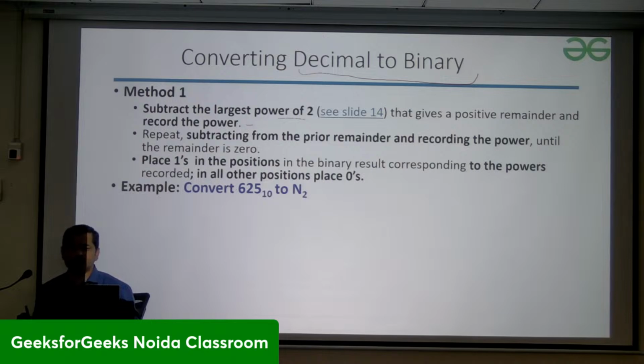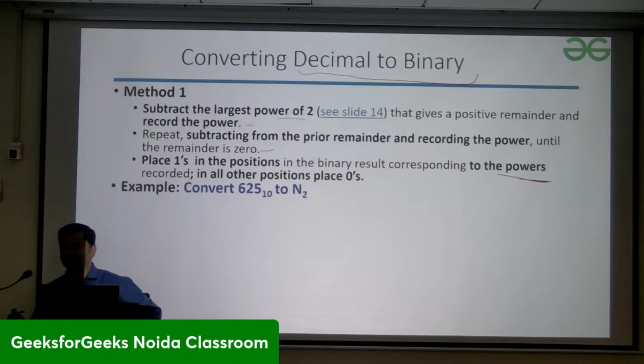Okay, so that is the first step. Repeat subtracting from the prior remainder, recording the power, until your remainder is 0. Okay, place ones in the position of the binary result corresponding to the powers recorded.